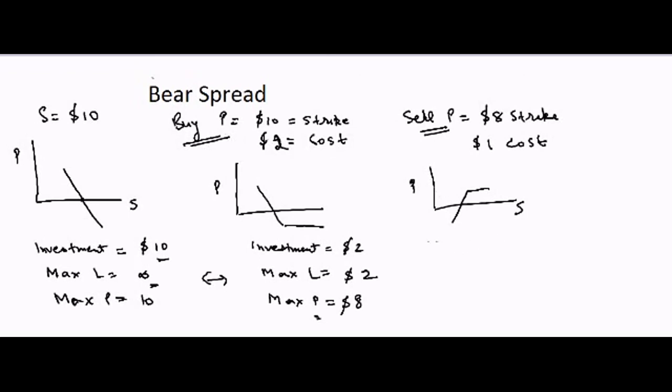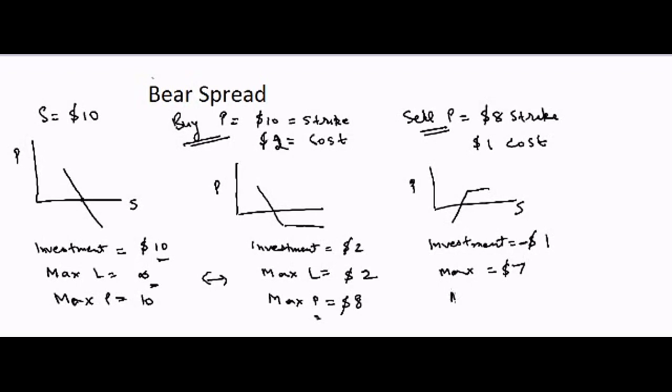In this case, you will get the money because you are selling the put, so you will get $1, and your maximum loss will be $7, because you are selling at strike 8: the stock can go to 0 and you have to pay all the $8, but you received $1, so you will lose $7.